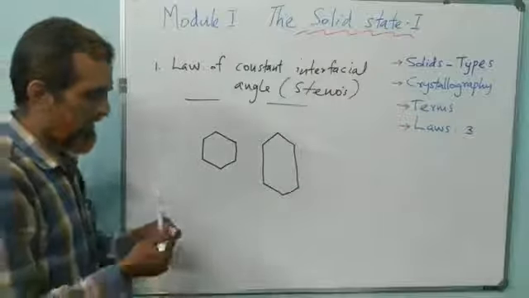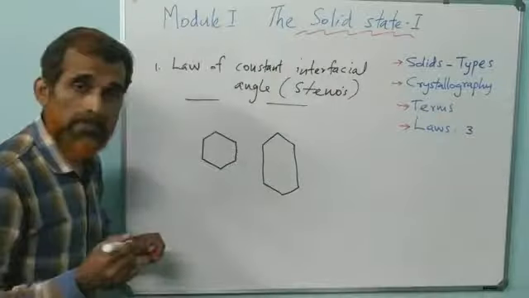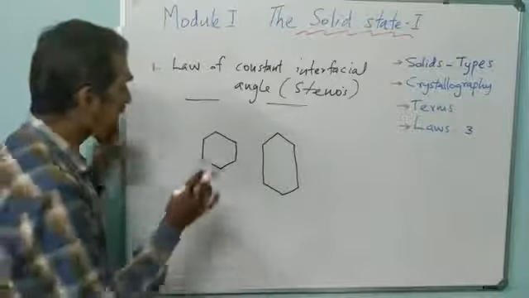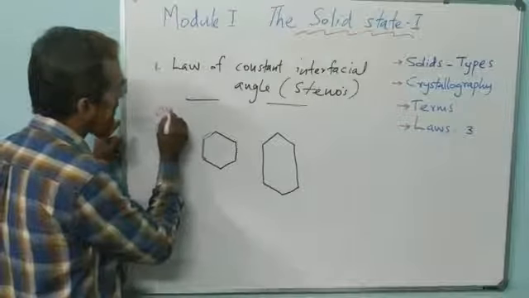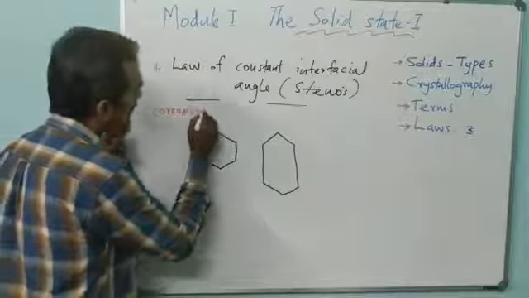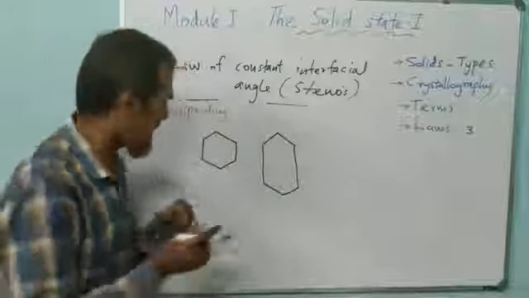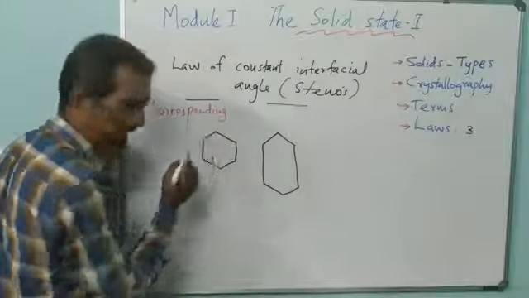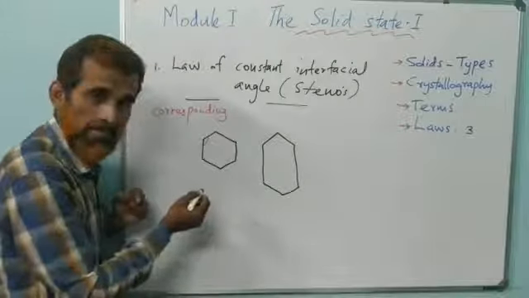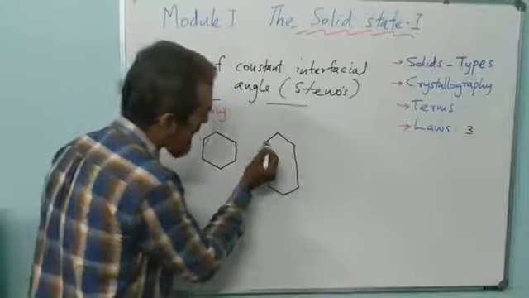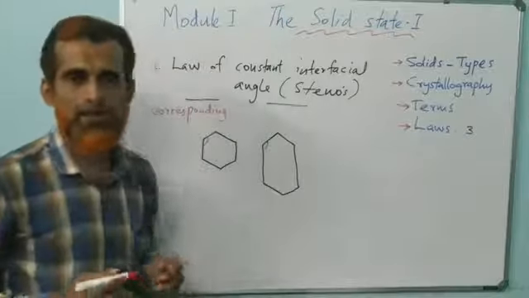The law says that the corresponding interfacial angle, that's very important, the corresponding interfacial angle will be the same. Suppose you are taking this interfacial angle, you have to take the corresponding angle, this one will be the same.